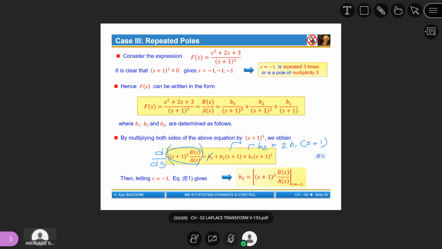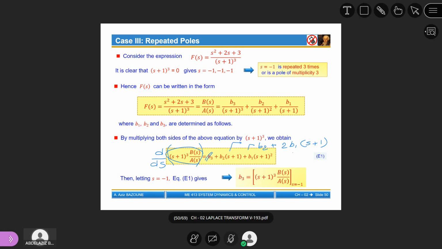Is this clear, Shabab? I differentiate both sides with respect to s. b3 will disappear, and then I will find b2 plus 2 b1 (s plus 1). Then I substitute s is equal to minus 1 in the right-hand side.